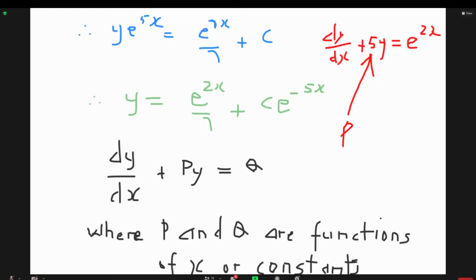All right. And this here is Q, but Q is a function of X because it's e to the 2X, okay? All right. Now let's take a look at how to solve equations of this form.